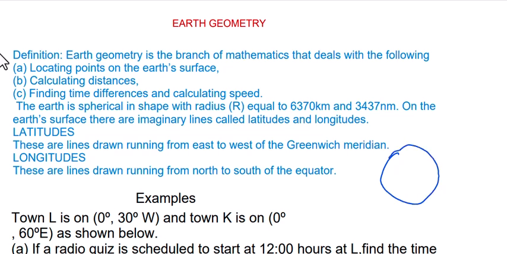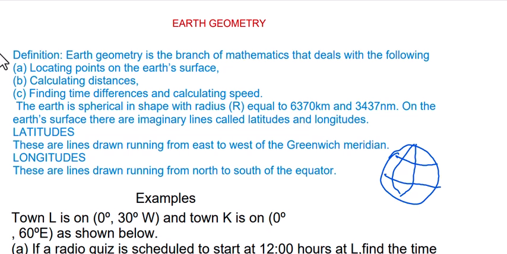Something like this. In the diagram we have our equator there, then something like this. Just that I'm not able to draw well since I'm using a tablet.